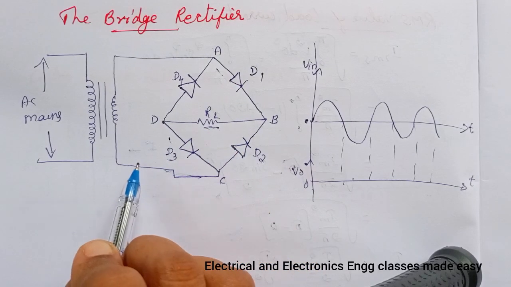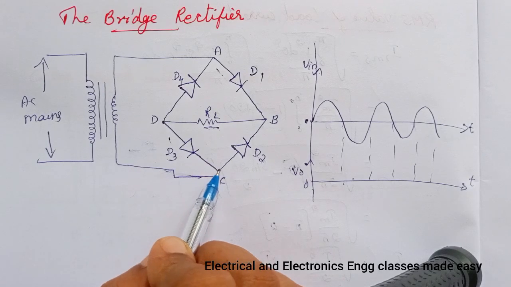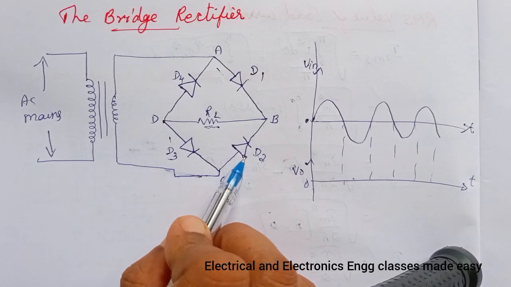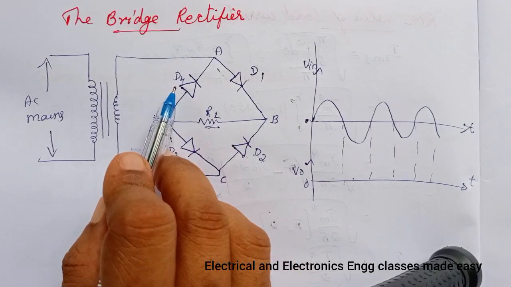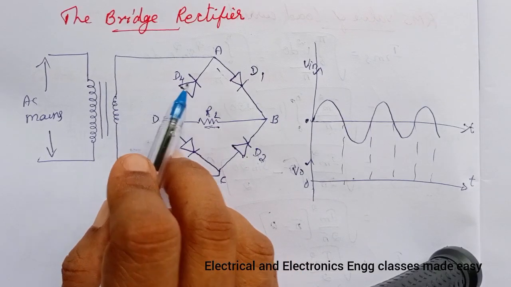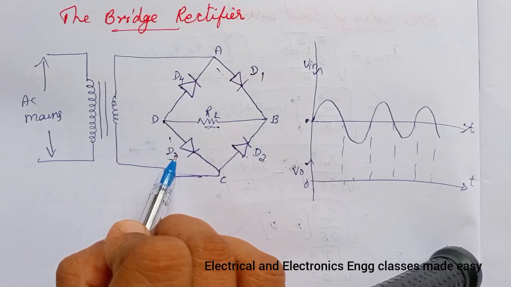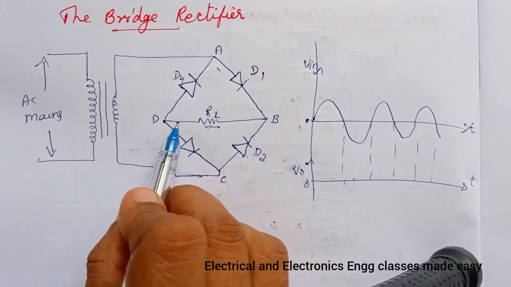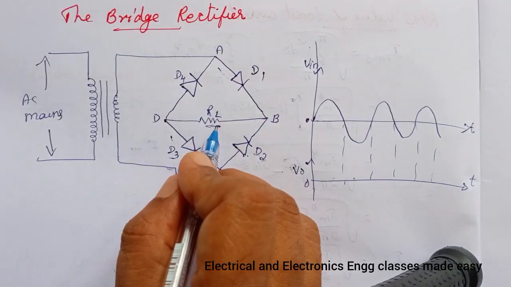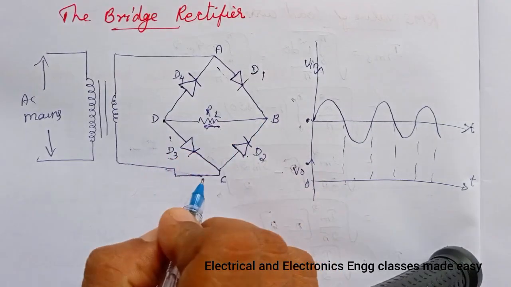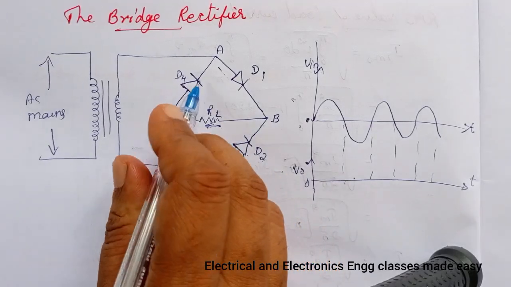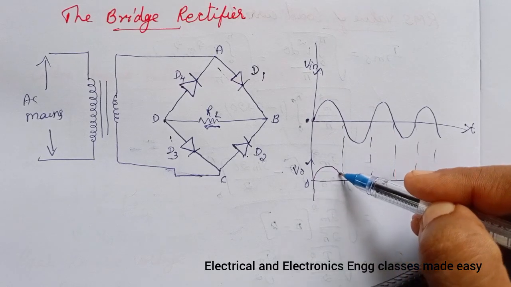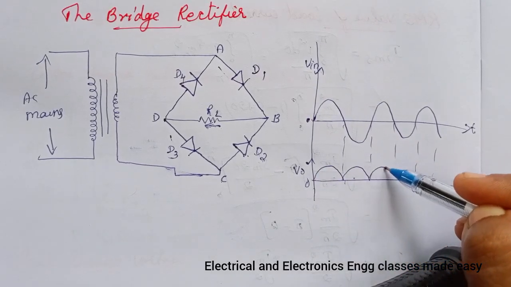So the current flows in this way. That is, D2 and D4 will be in the forward biased condition, and D1 and D3 will be reverse biased. So through the RL the current will be in the same direction.